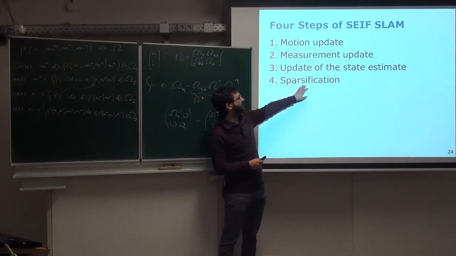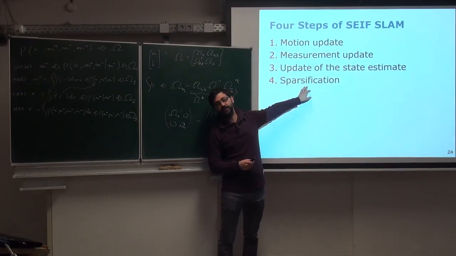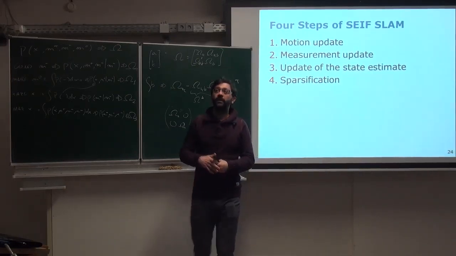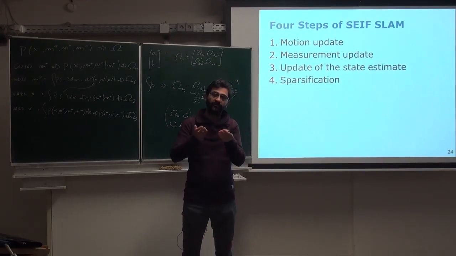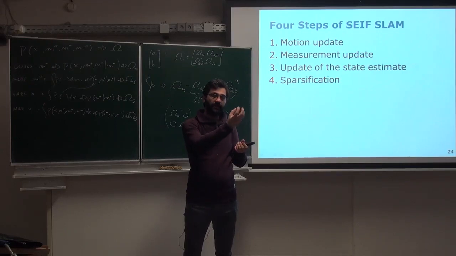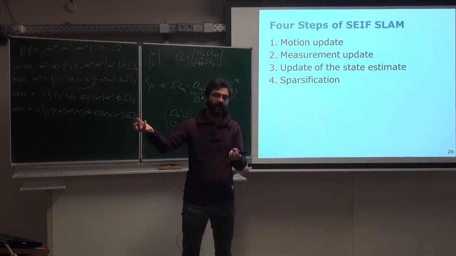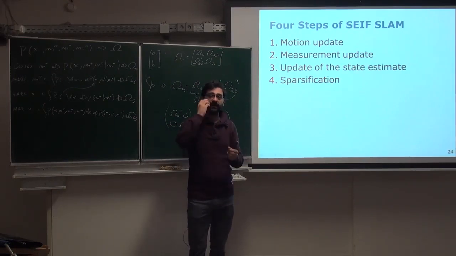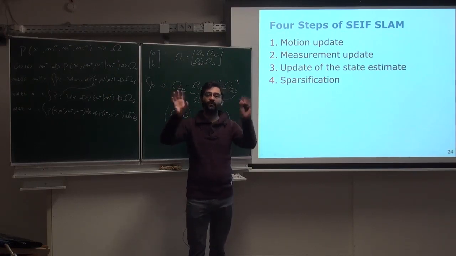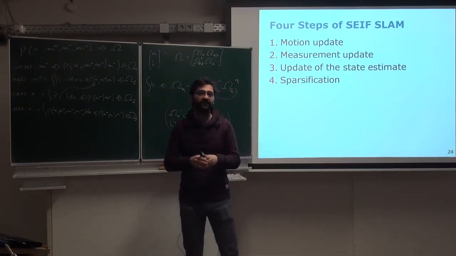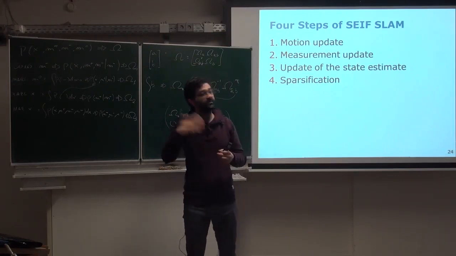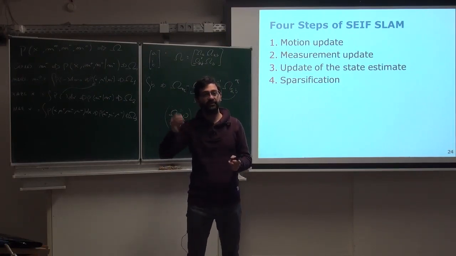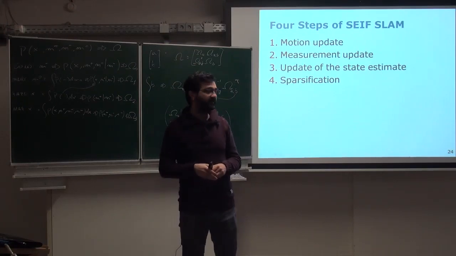And the second step that we need to take into account is the sparsification step. Now, we want to cut these links of the landmarks that were active at some point in time, and then they become passive at a second point in time. Okay? And for cutting this, we showed that we need to update a few values of the information matrix, and magically, when you update them, they become 0, which is equivalent to saying I cut this edge in the resulting graphical model.